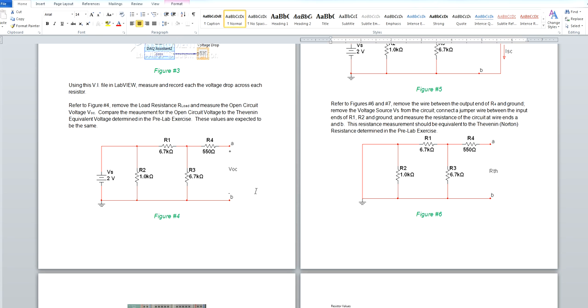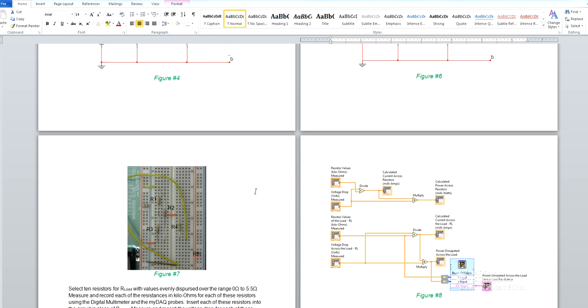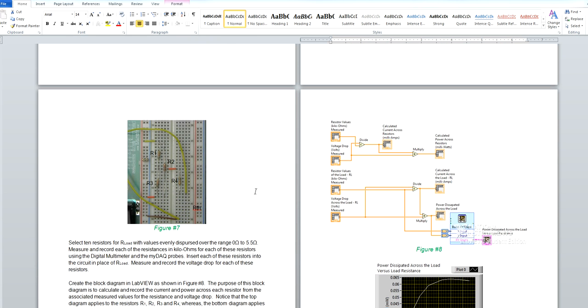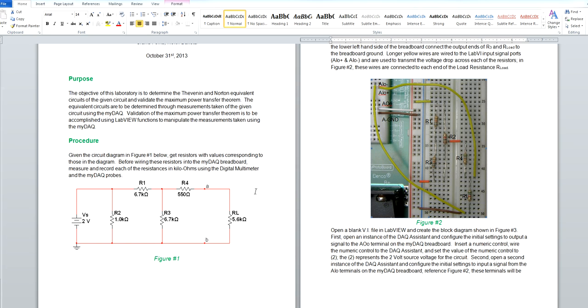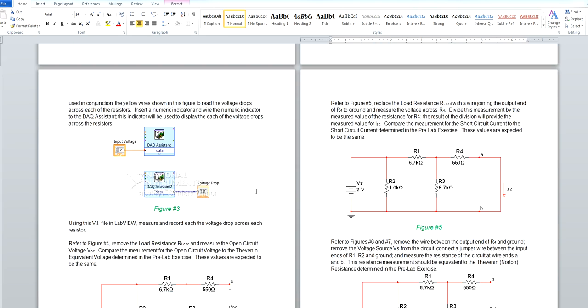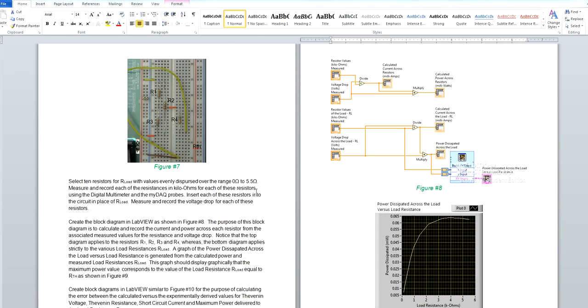Now that we've completed this portion of the laboratory, it's time to begin validating the maximum power transfer theorem. In order to do this, we're going to select an additional 10 load resistors, varying anywhere between 0 ohms and 5.5 kiloohms.